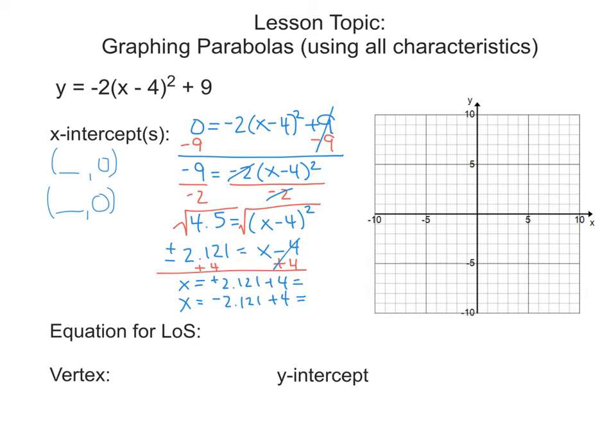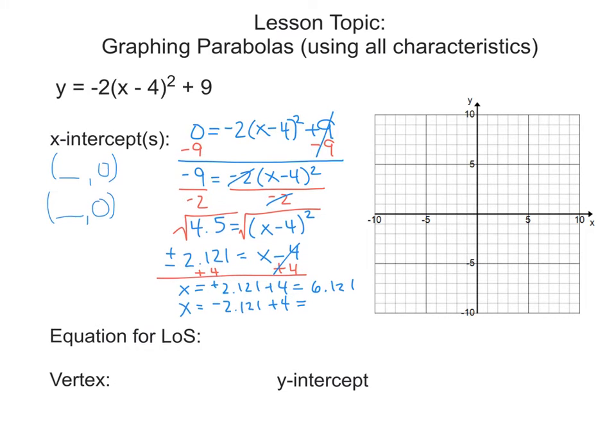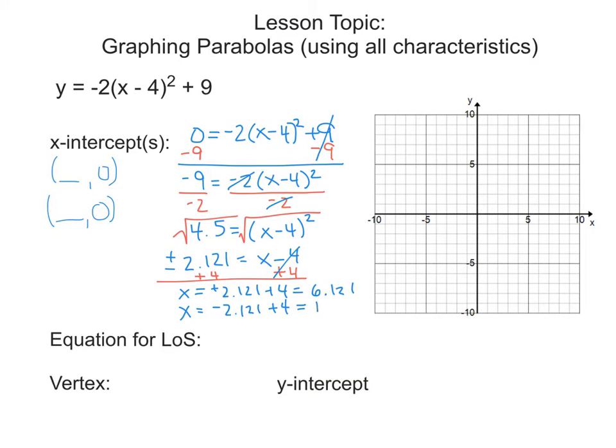So we need to find those two values. The first one is 6.121 when we add them. And we get 1.879 when we round that correctly. So those are our two x values and y is 0. When y is 0, 6.121 and 1.879.